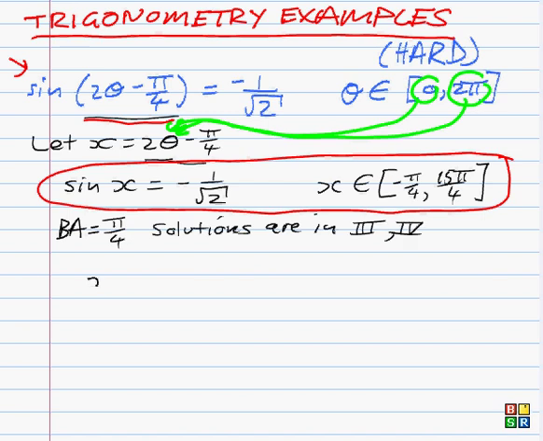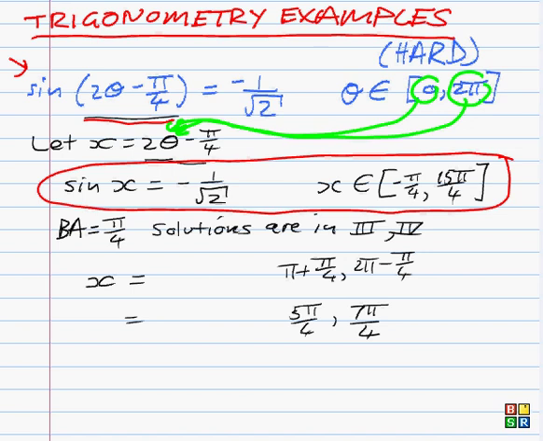So therefore our answers for x are pi plus pi on 4 and 2 pi minus pi on 4, which are 5 pi on 4 and 7 pi on 4.